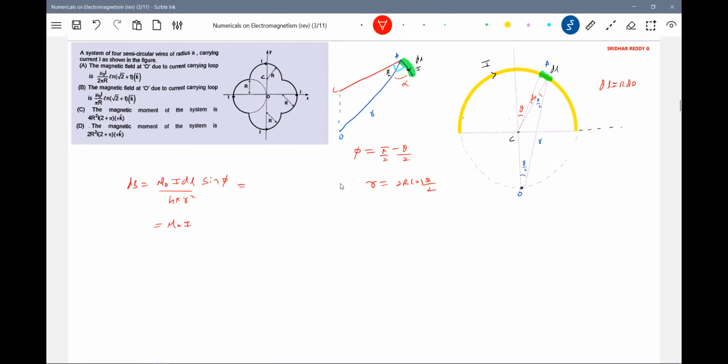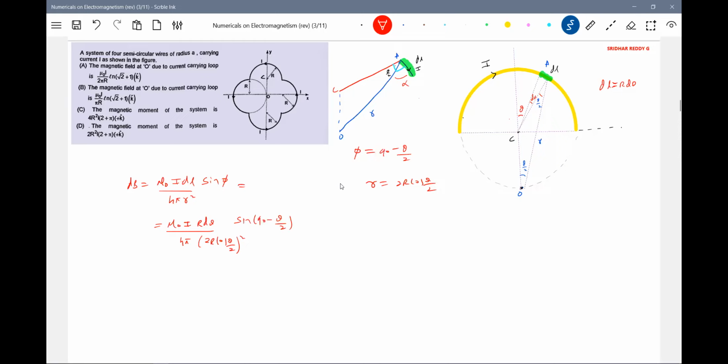Now let's substitute all the quantities: mu naught I over 4 pi times 2R cos theta by 2, dl, sine of 90 minus theta by 2.